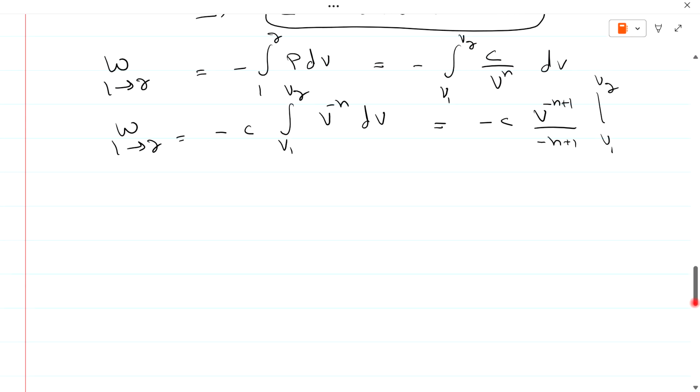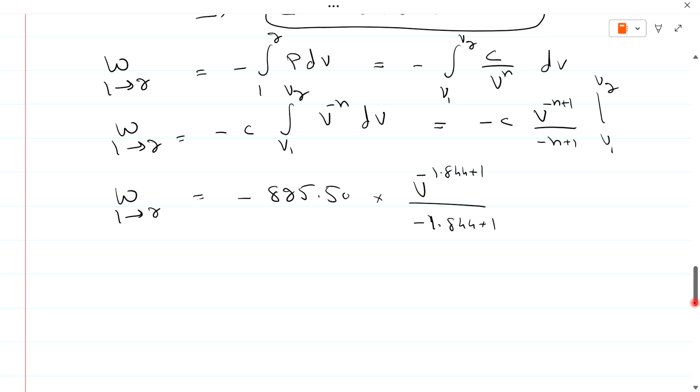So W from 1 to 2 is equal to minus C, the value of C is 825.50, and V^(-1.844+1) divided by (-1.844+1), with lower limit V1 and upper limit V2.